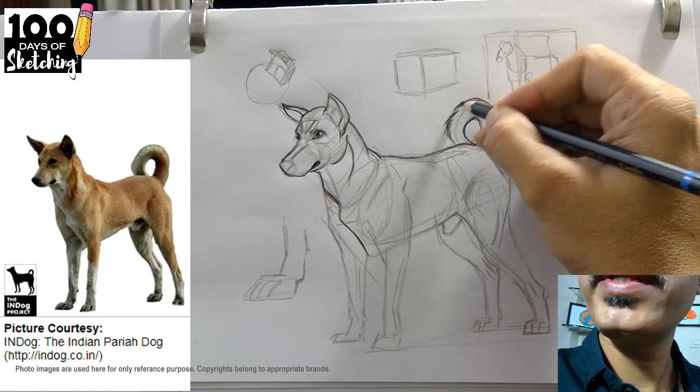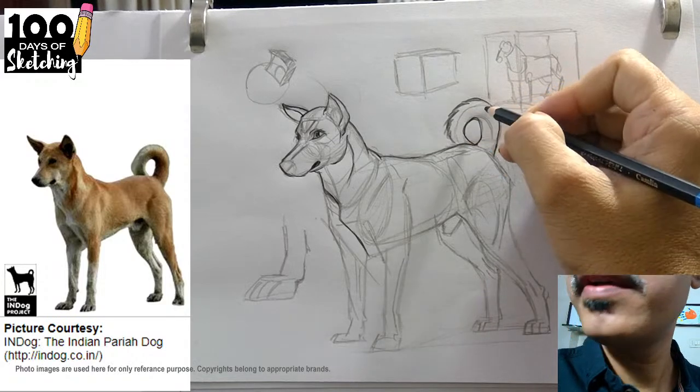So a little furry portion I'm going to indicate here.